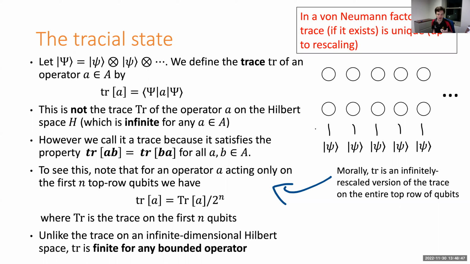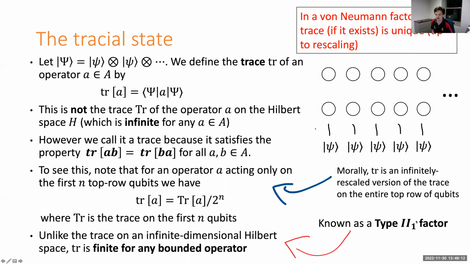So for example, on an infinite dimensional Hilbert space, the usual trace of the identity is infinitely big, and only so-called trace class operators, things like projectors onto a single state, have finite traces. In this case, the trace of the identity is just equal to its expectation value, which is just 1. Okay, so this is very different from the usual trace on a type 1 infinity algebra.